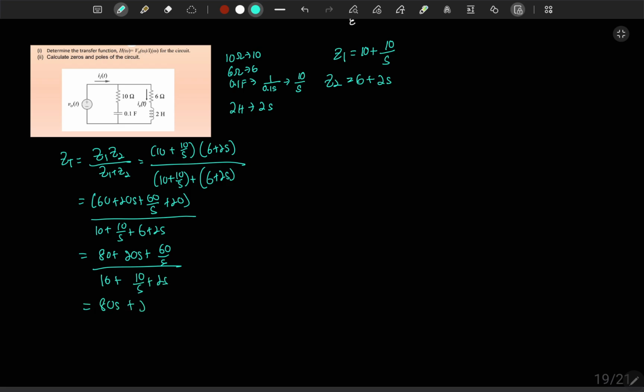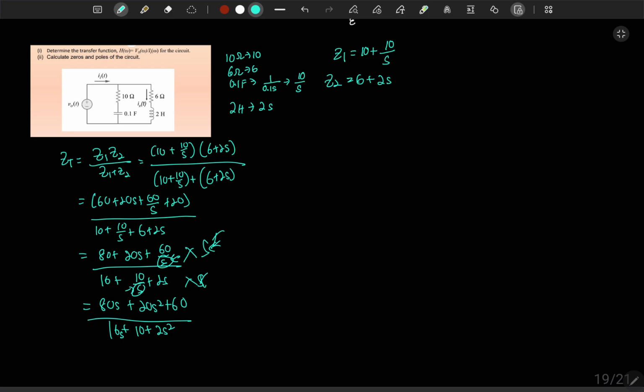We try to simplify as much as possible. The 1 over s can be removed by multiplying by s. This s is multiplying above, and this s is removed by multiplying below. Do not be confused. You need to multiply this separately and this separately.